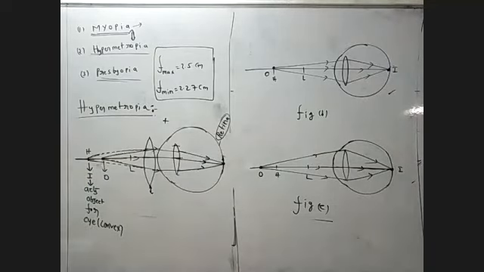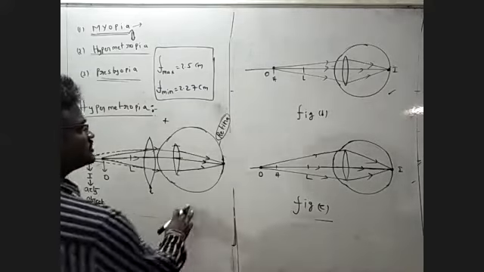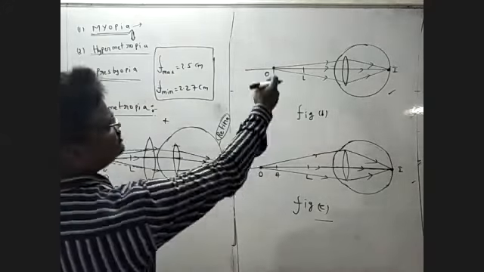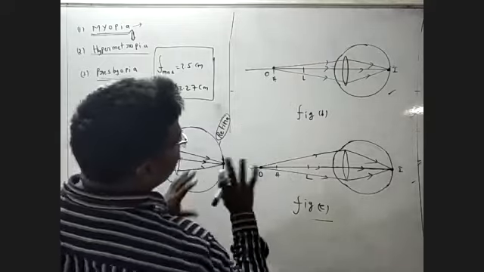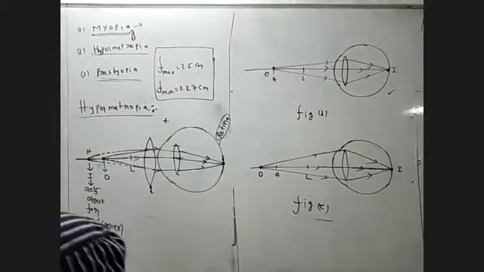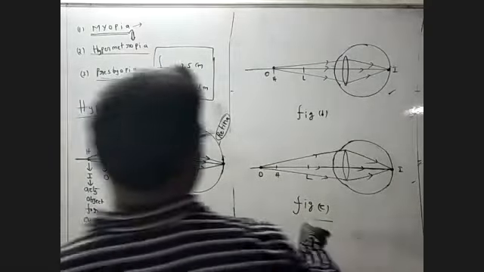This is correct. So this is a correction method. This is figure B, figure C. There is no problem at all, and this is a healthy person.